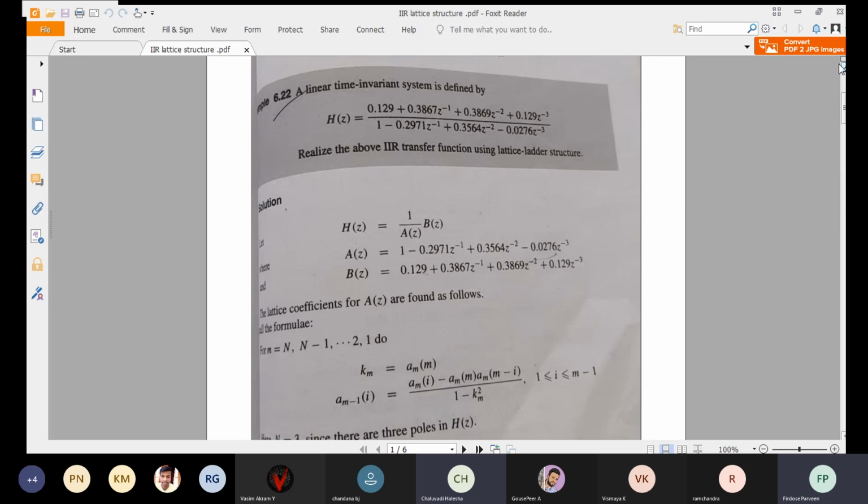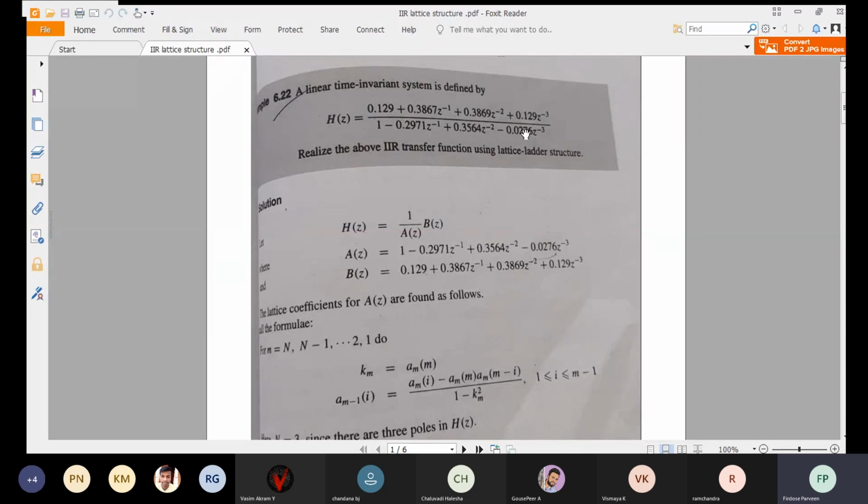For a linear time invariant system, they have given h of z and they have told us to draw the IIR transfer function using the lattice ladder structure. For that, since there are 3 zeros and since there are 3 poles, we want K3, K2, K1, and we want beta naught, beta 1, beta 2 and beta 3.